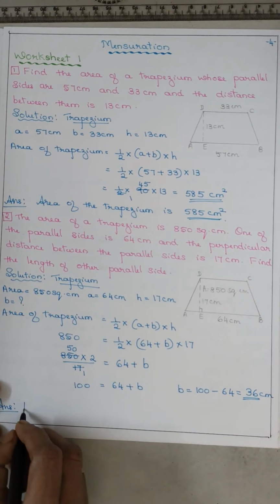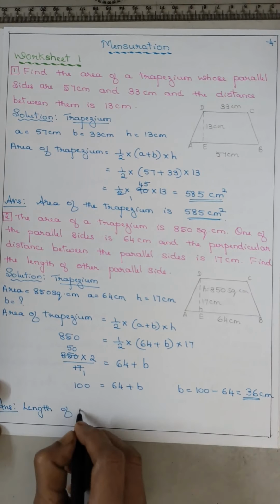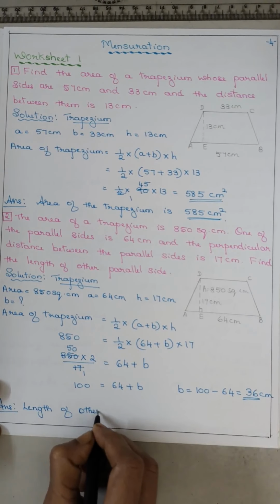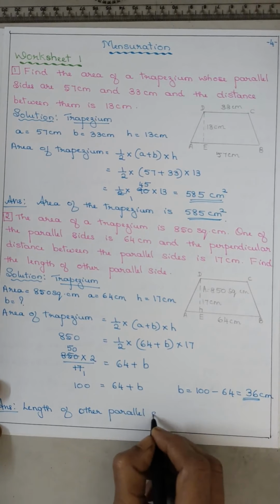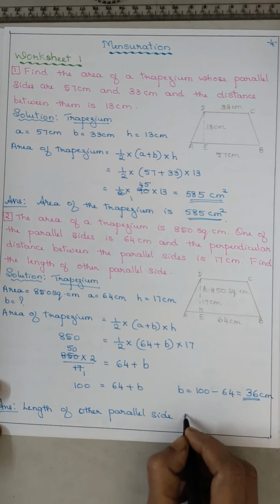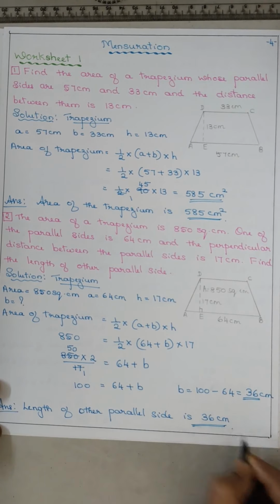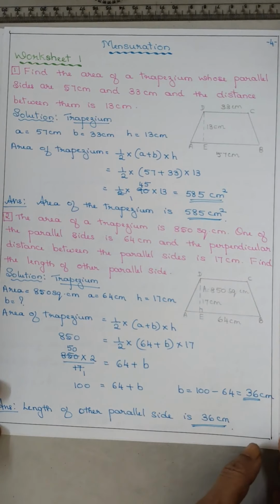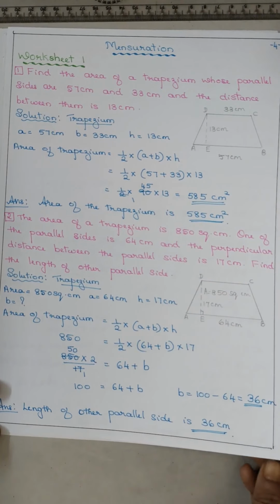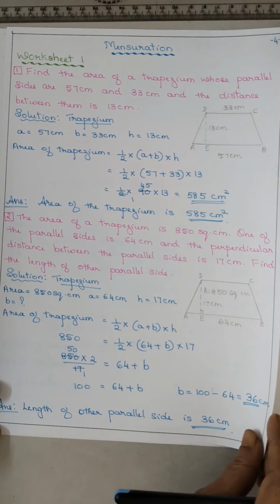Length of the other parallel side is equal to 36 centimeter. Remember, area centimeter square, but side centimeter. Okay. So hope you are confident of these two.